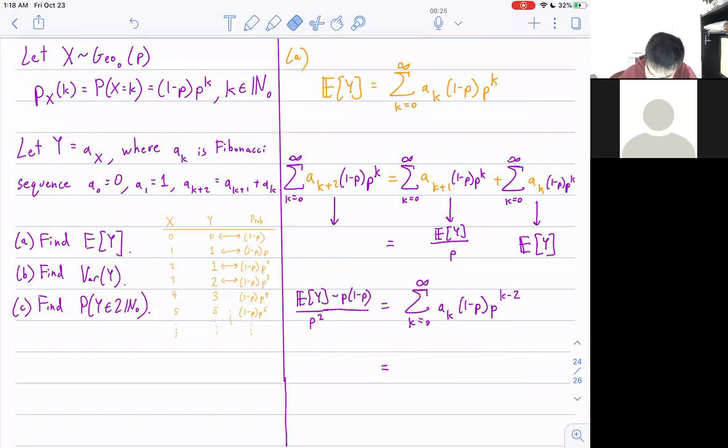So it turns out that exactly this is as if we started from k equals 2. And then upon another reindexing right here, we have a_(k+2) times (1 minus p) times p^k. Great. So that means we can then write this term right here as such.